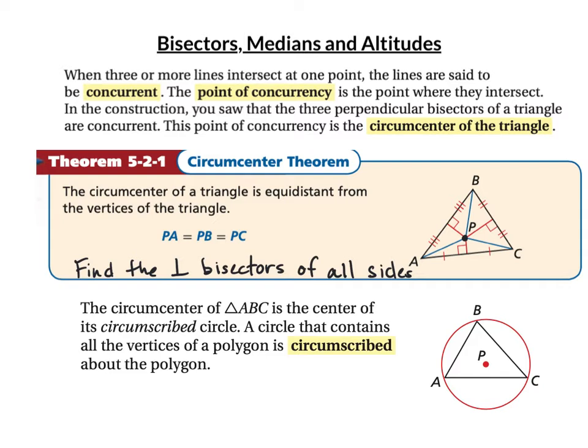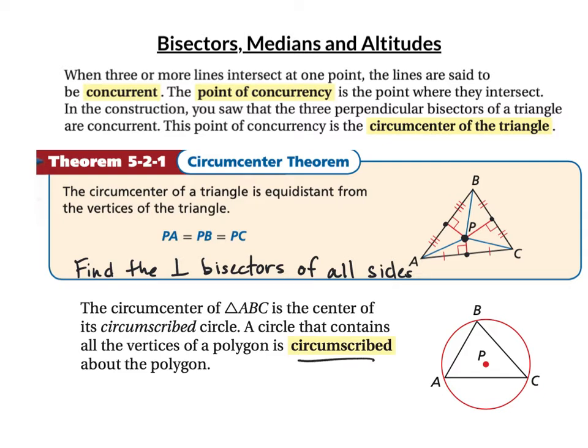In any triangle you create, if you perpendicularly bisect each side, that means each point is a midpoint, and I draw up the perpendicular, they will always be concurrent, and that point is the circumcenter. And what is the circumcenter? It's the center of the circumscribed circle.